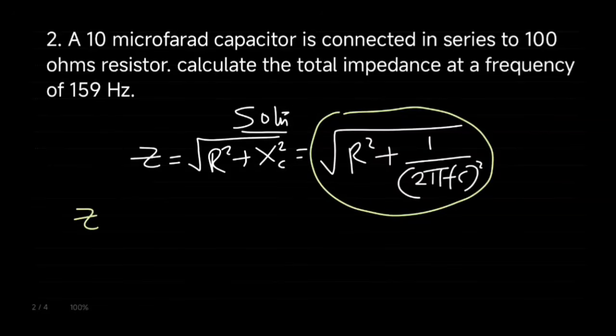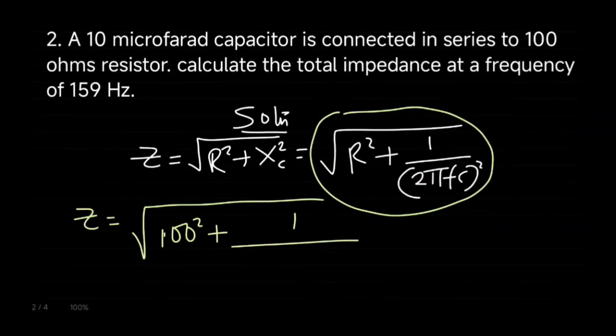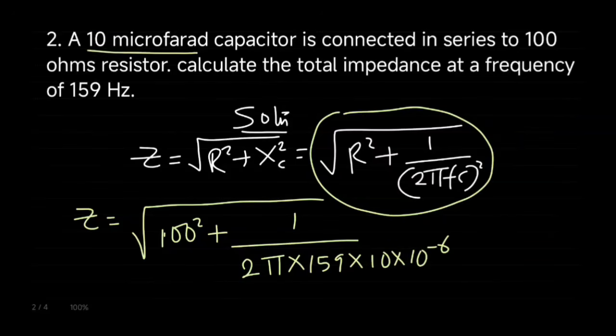So Z is equal to, what was my R giving us? 100 ohms. So square root of 100 square plus 1 all over 2 pi times 159 times 10 times 10 raised to the power of minus 6, that's 10 microfarad, all in square.